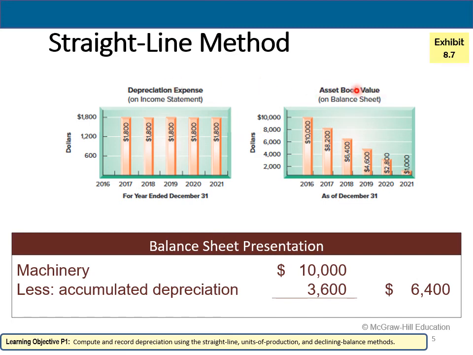Book value is a term that we should define. I mentioned just a slide ago that book value is an asset's cost, or the amount in the asset account, less accumulated depreciation. So your book value is the net balance sheet effect. For this asset, it was acquired in 2016, no depreciation, so the book value was $10,000.